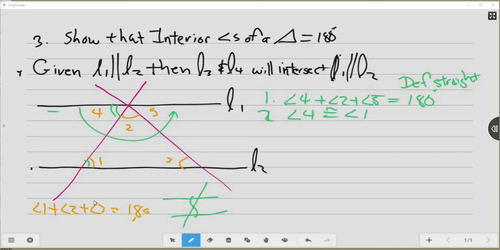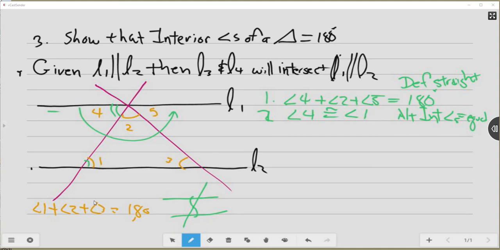By number 2 that we just did, we proved that alternate interior angles are equal. On problem number 2, I'm trying to have it tied together like a theme. So angle 4 is congruent to angle 1 because we just showed why on number 2.